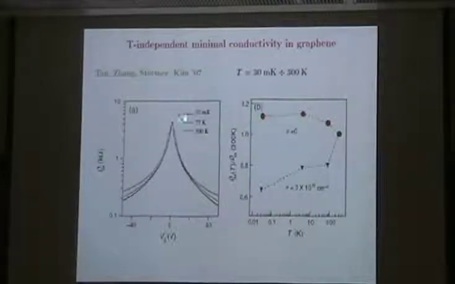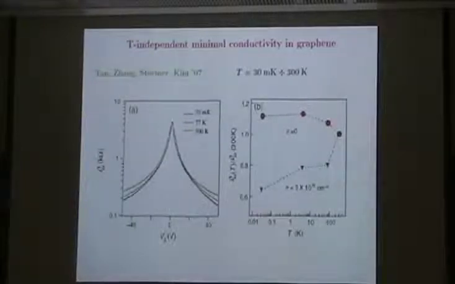It means that there is no indication of localization. Now, this 30 millikelvin is pretty low temperature, so if you estimate the mean free path here, it corresponds to a temperature like 30 Kelvin, so it's 3 orders of magnitude below. And the conductivity here is of order e squared over h.